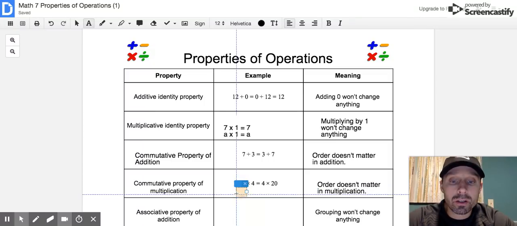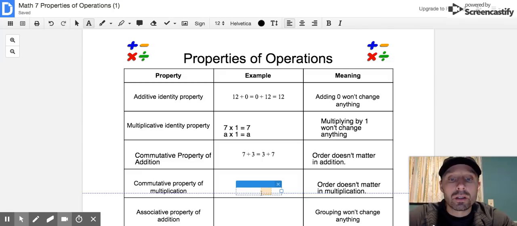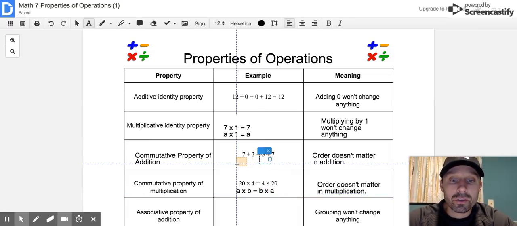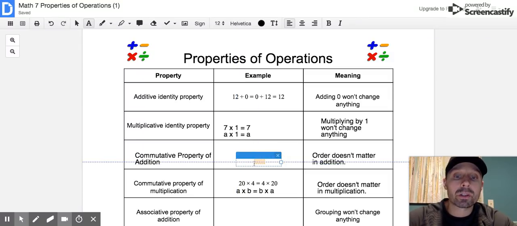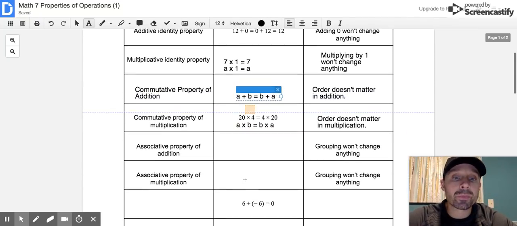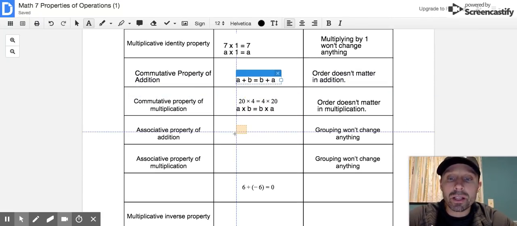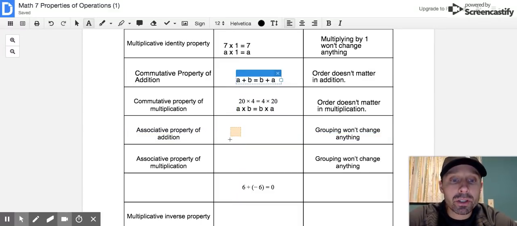So underneath that, I'll give you A times B equals B times A. So you can see the variable form of that as well. Same thing up here. A plus B is the same as B plus A. Order doesn't matter. All right, let's bump down to the associative property of addition.